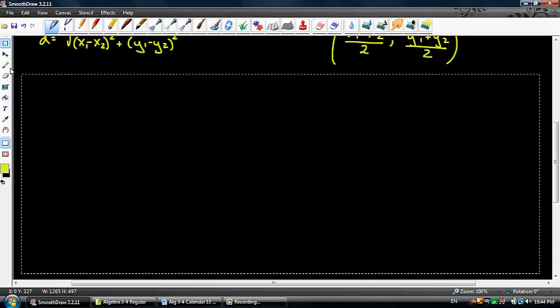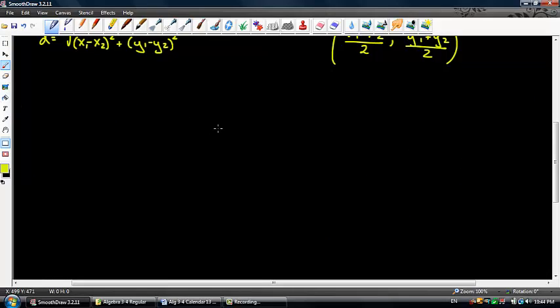Okay, let's do another midpoint, and then we'll call it at that. If I have for number 4 here, two sets of coordinates 6, -5, and -2, -7. So again, midpoint formula, I'm going to go x sub 1, y sub 1, x sub 2, y sub 2.